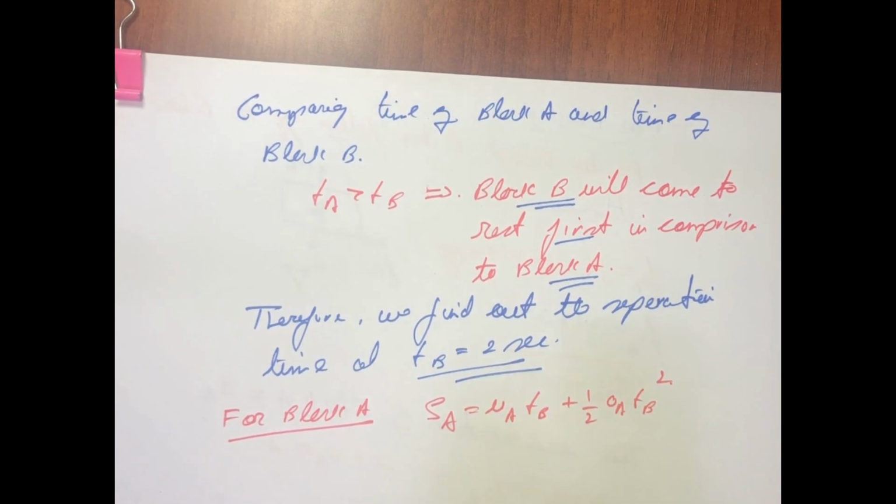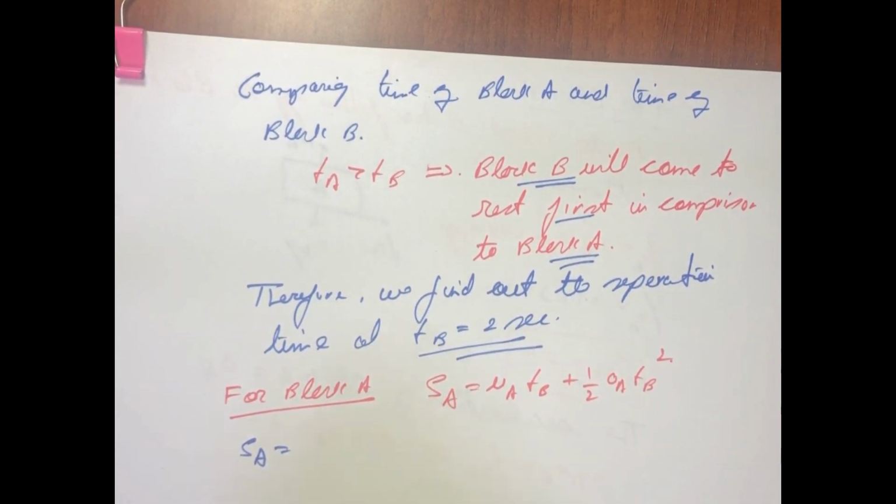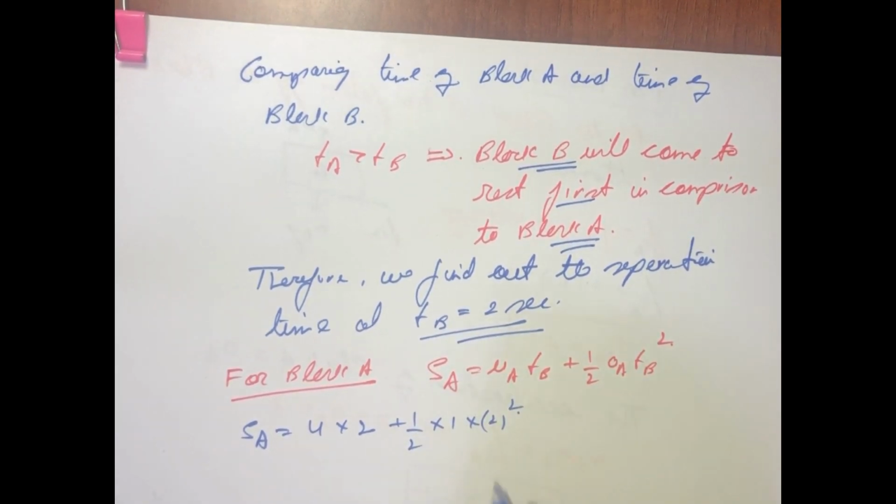For SA, the initial velocity is 4, so this is 4 multiplied by 2 plus half, acceleration is 1, and 2 square. So from here our SA will be equal to 8 plus 2, that is 10 meters.